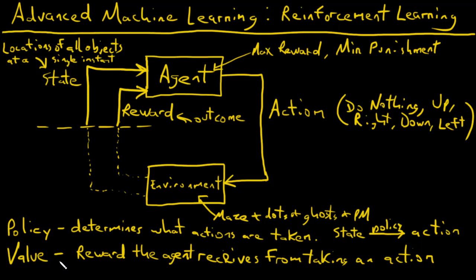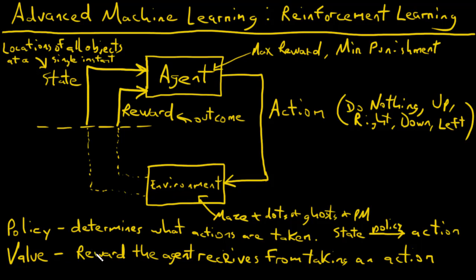In the case of Pac-Man, maybe it's 10 points for eating a dot, or 0 or a negative 10,000 for eating a ghost. That's not blue. Alrighty, so this value is what we're going to be using to determine whether or not a particular action is appropriate based on our policy. Okay? So you could kind of say the policy has to evaluate the values. We'll just move past that.